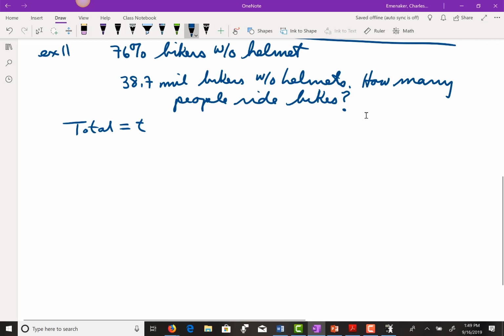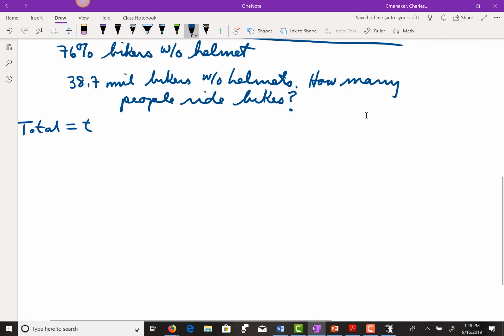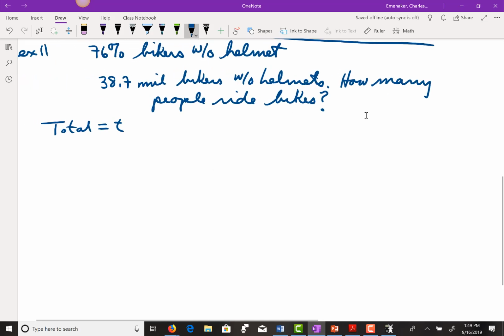That we don't know. But we do know that if we take 76% of that total of bikers, notice on percentage, when you're actually doing some work with it, you don't use 76%, you convert it back to a decimal of 0.76. 76% don't wear a helmet.